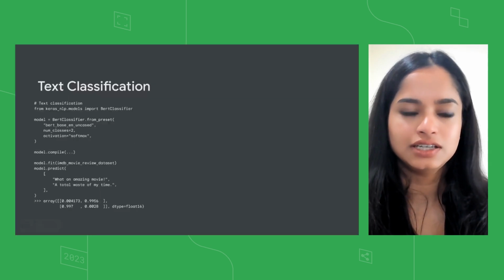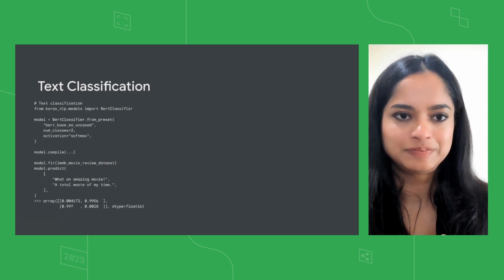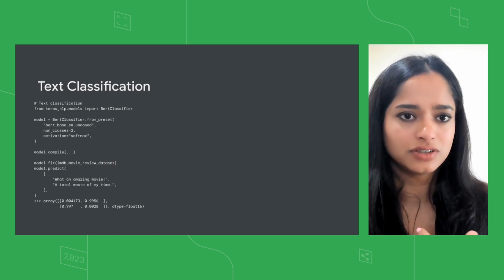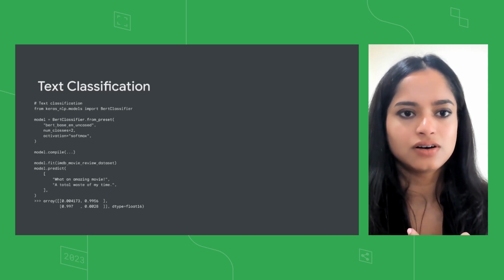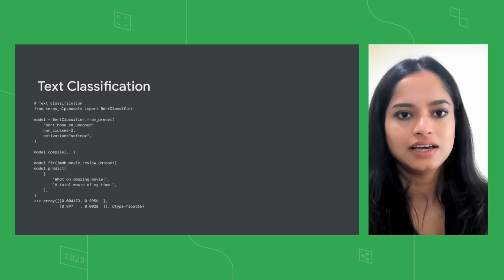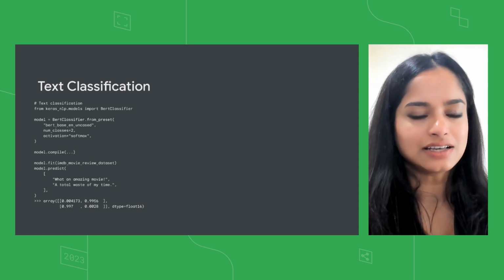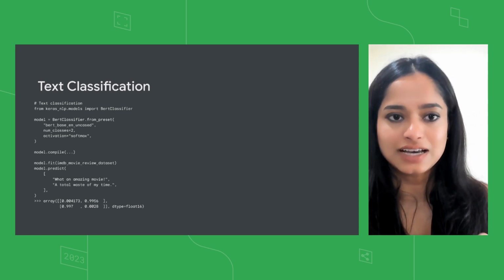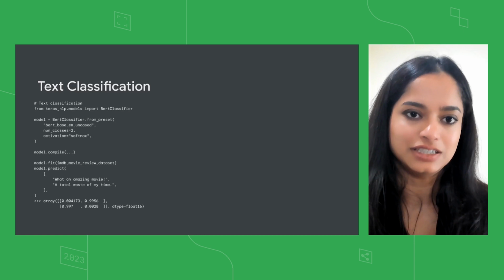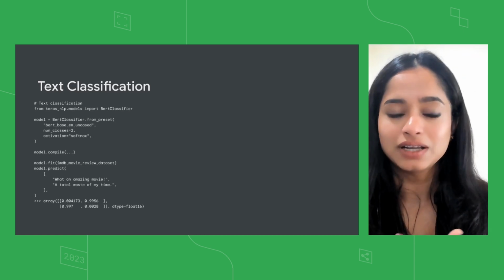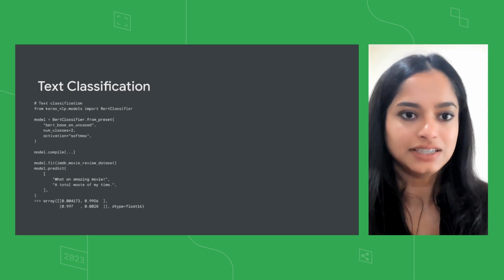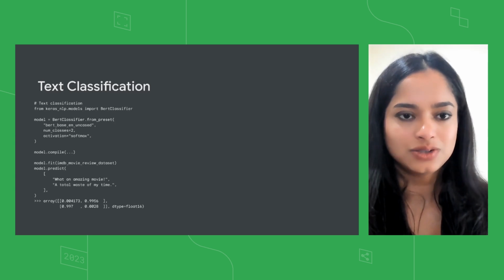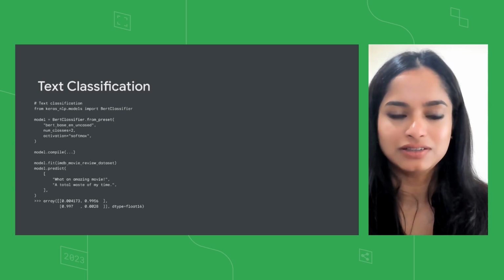So we instantiate a BERT classifier task model using the from preset constructor. One difference from KerasCV is that KerasNLP task models like BERT classifiers include preprocessing by default. So this means that you can pass raw strings at both training and serving time without worrying about the correct tokenization and packaging methods.